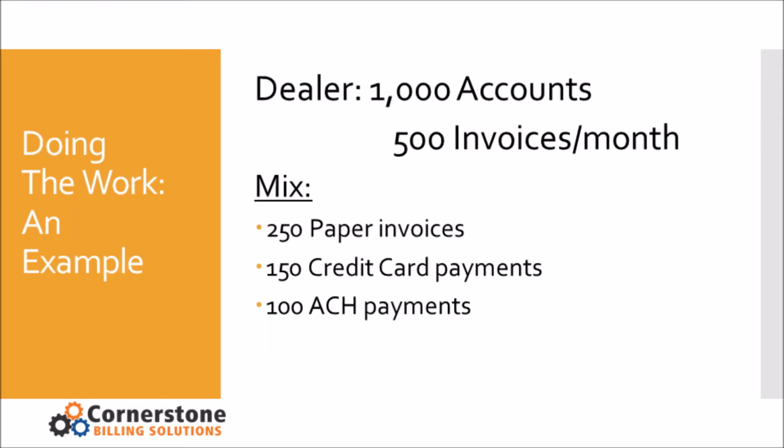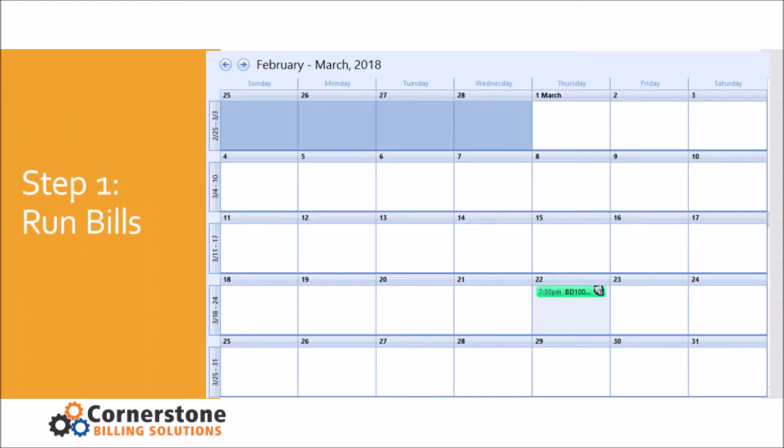So as an example, if you take a dealer with 1,000 accounts, 500 invoices a month, call it about half of those paper invoices, and then a mix of credit card, ACH. What happens? As a billing agent, as a billing service behind the scenes for our companies, we obviously are running the recurring batches, and that's really step one.